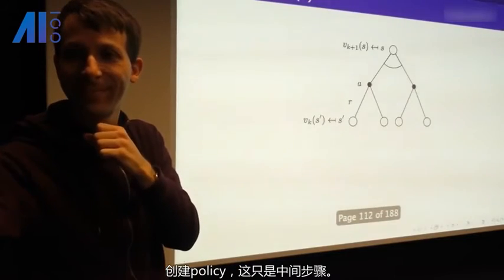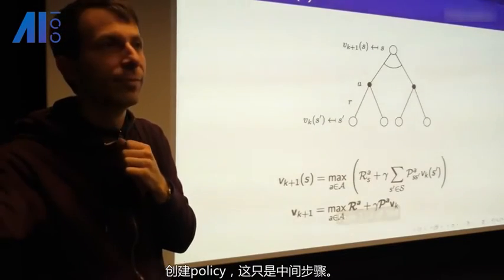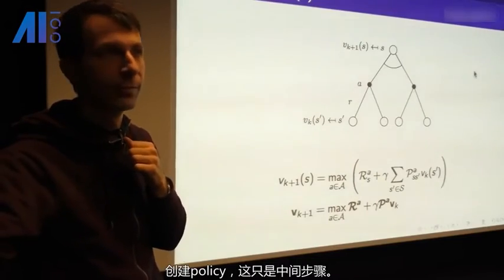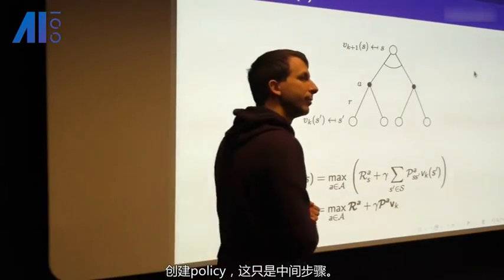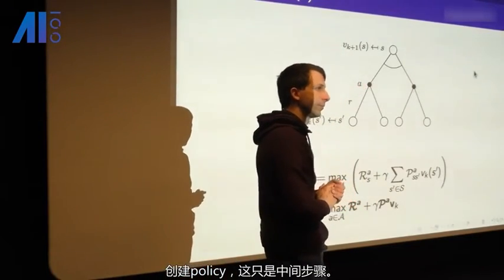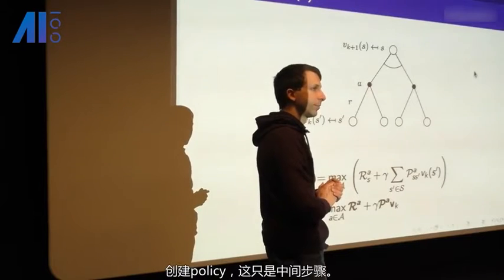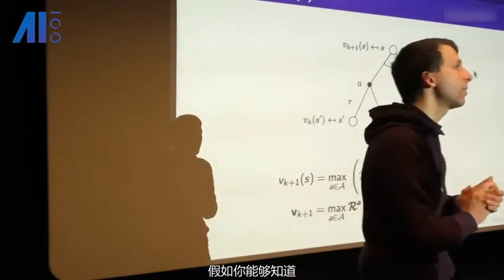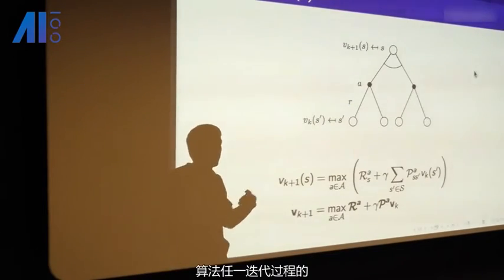So if I look at the values, some intermediate values for this value function, and I look at the policy that they imply, if I really computed the value under that policy, it could be different from the value. I'm not sure I follow. So you can look at the intermediate value at any iteration of the algorithm.